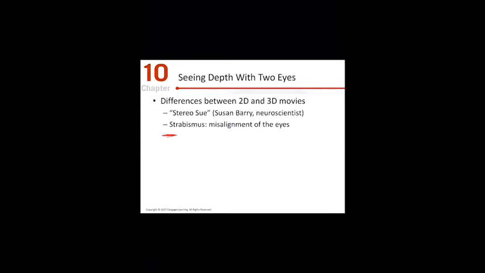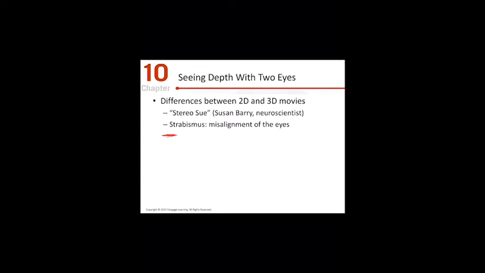What happens when that happens, your eyes are uncoordinated, and you will have a weaker eye and a stronger eye. And so your brain ignores the image of the weaker eye to avoid double vision. And so when that happens, that person is going to be reliant on monocular cues because they're only getting input from one eye.